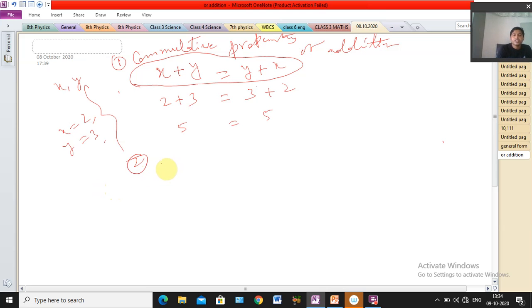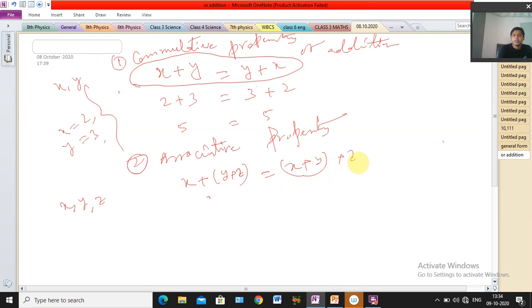Next property is property number 2, associative property. Associative property is telling here, if we take three variables, x, y, z, then x plus (y plus z) equals (x plus y) plus z.